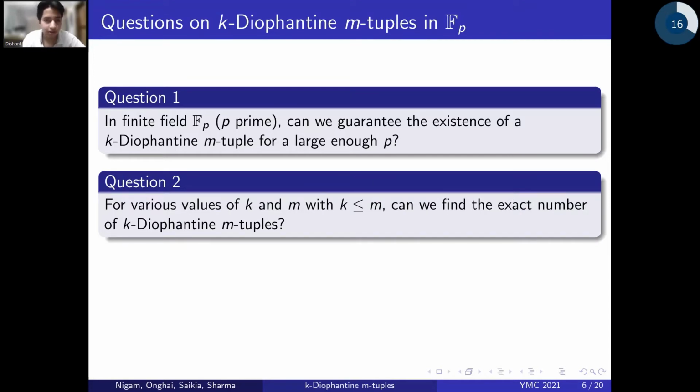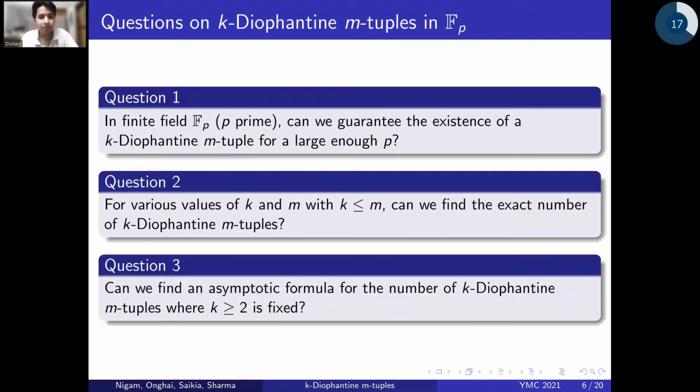Can we guarantee that? The second question was if we can find the exact number of k-Diophantine m-tuples for various values of k and m, where k is less than or equal to m. And the third question was if we can find an asymptotic formula for the number of k-Diophantine m-tuples where k is fixed.